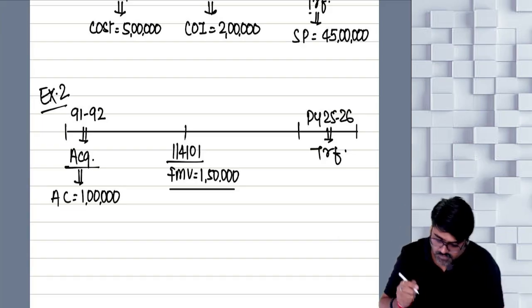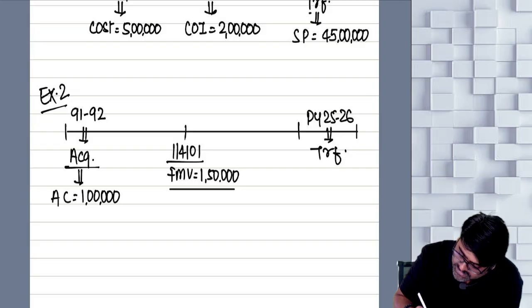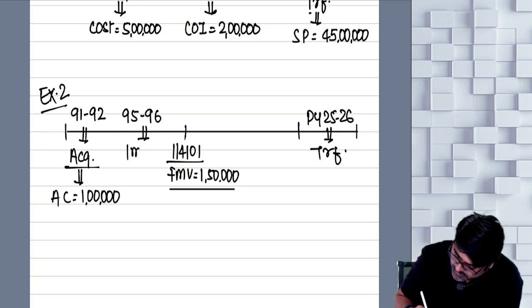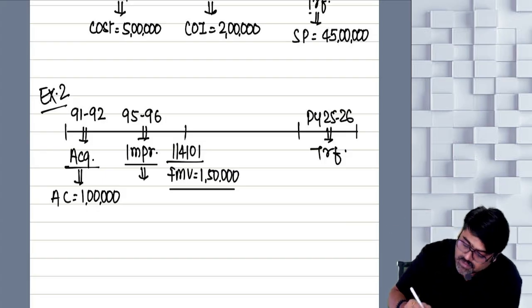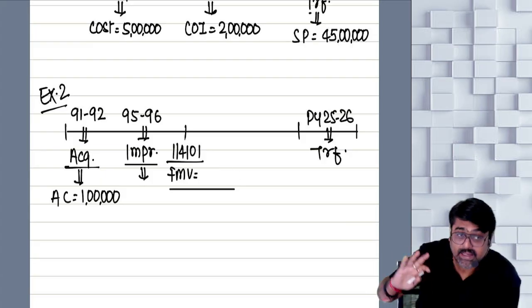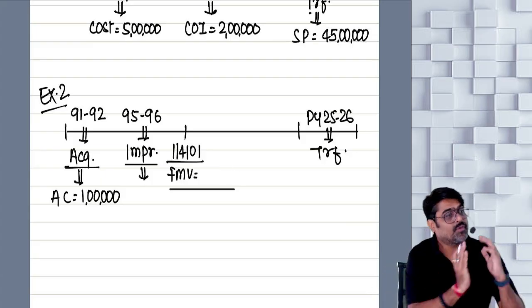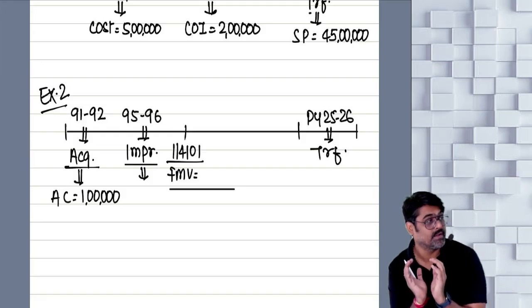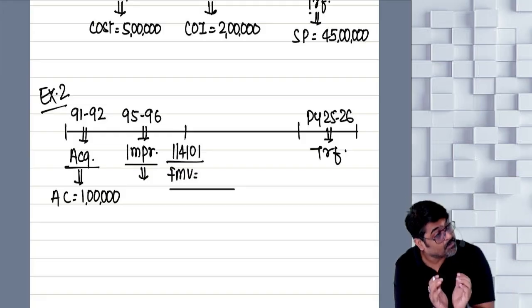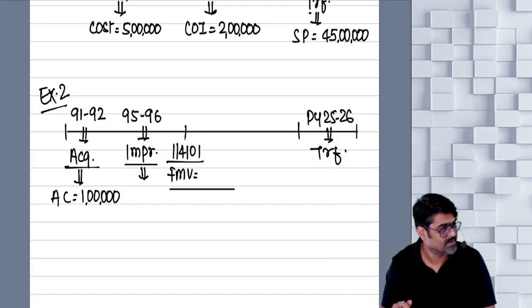Because if you incur some improvement in the year 95-96, by doing this improvement the value of your asset has increased. So this fair market value will not remain 1,50,000, it will increase. The fair market value of the asset you purchased will be different, and the fair market value of the improved asset will be higher.